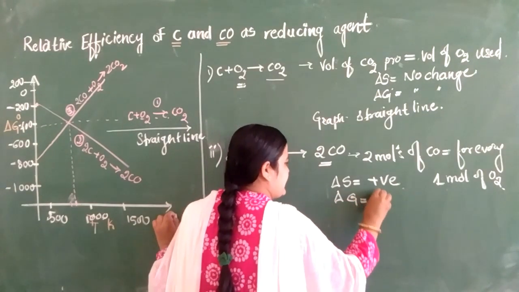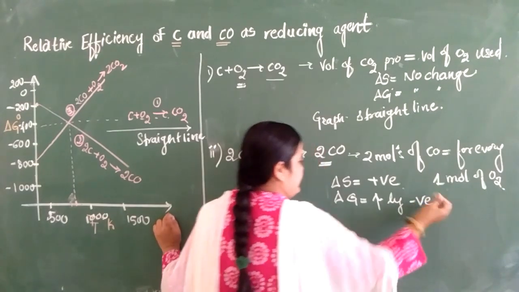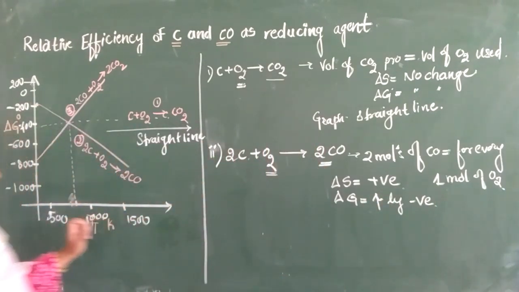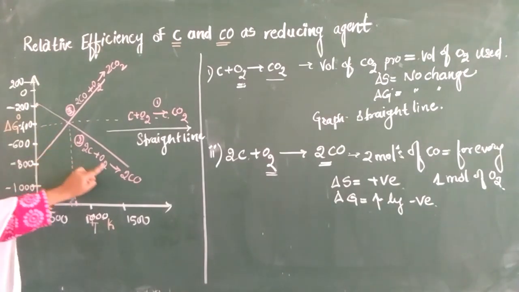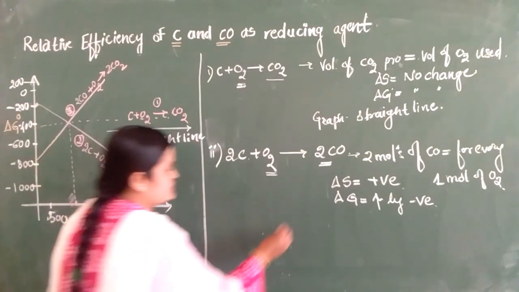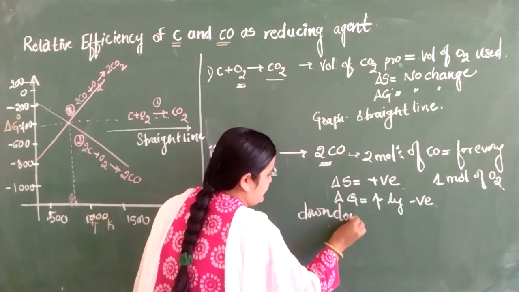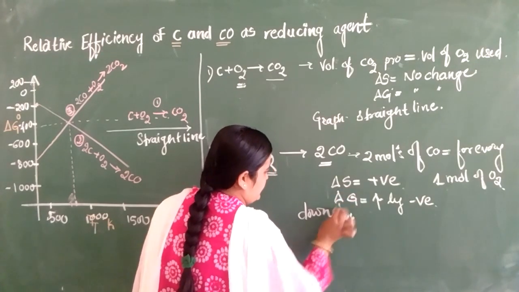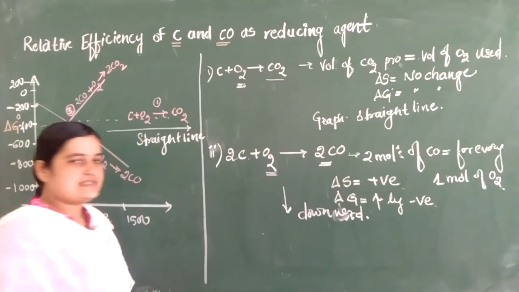As a result, the graph obtained here has a downward slope.